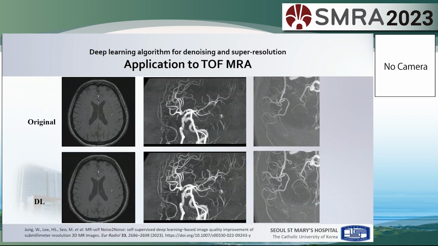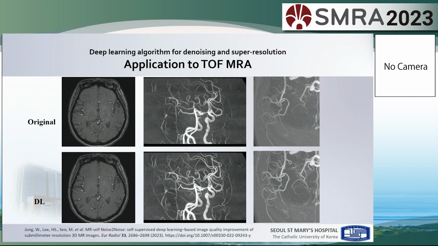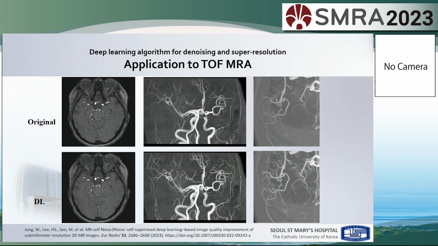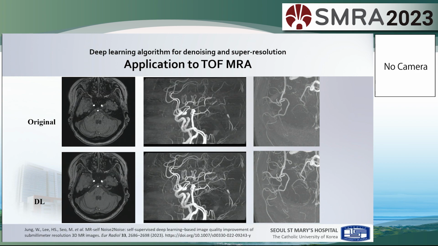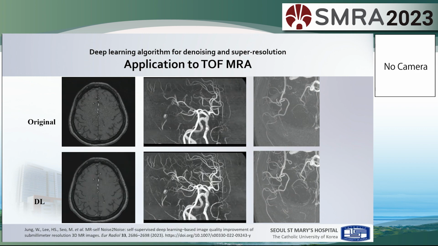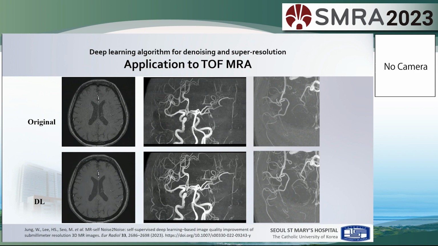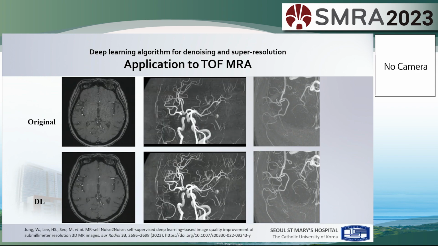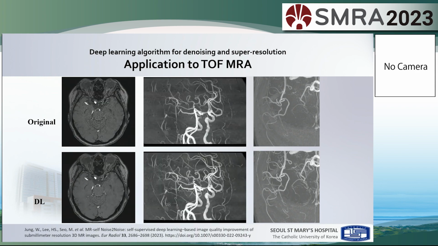Most recently, our team has been involved in making good utilization of deep learning for denoising and super resolution reconstruction. As a clinical neuroradiologist, I was involved in the pilot evaluation of TOF MRA and angiography utilizing deep learning.